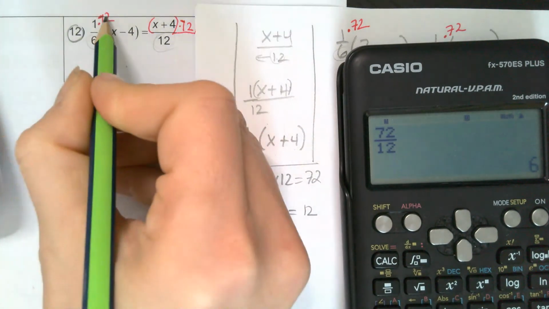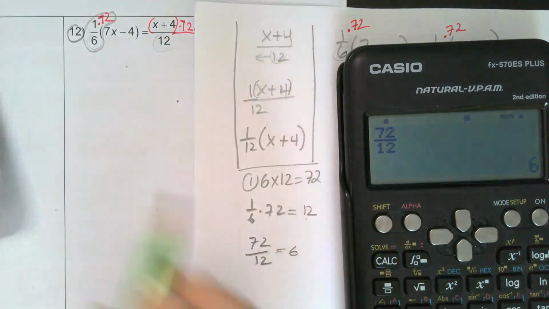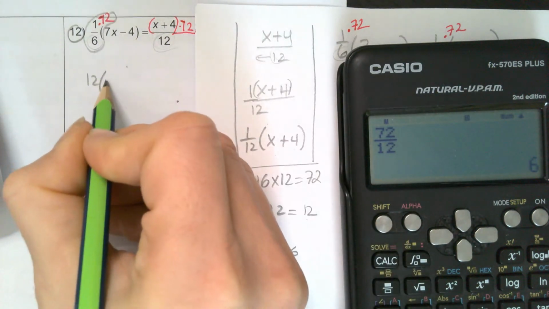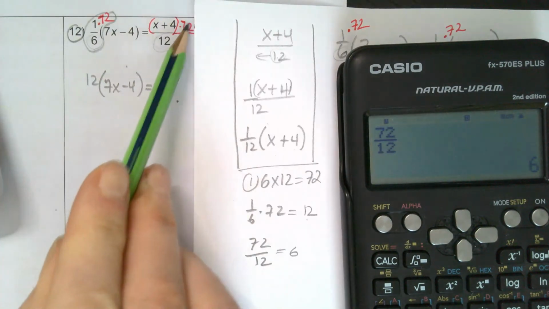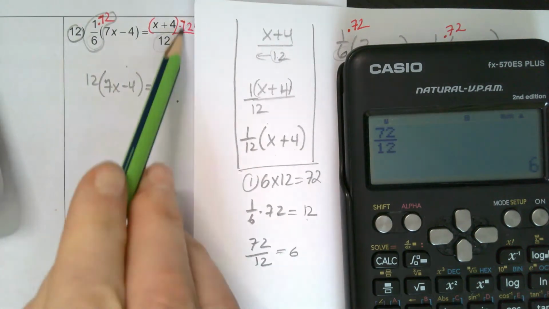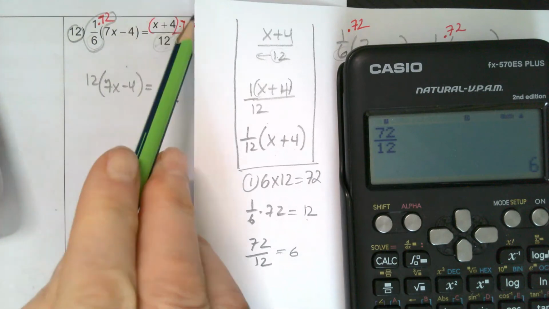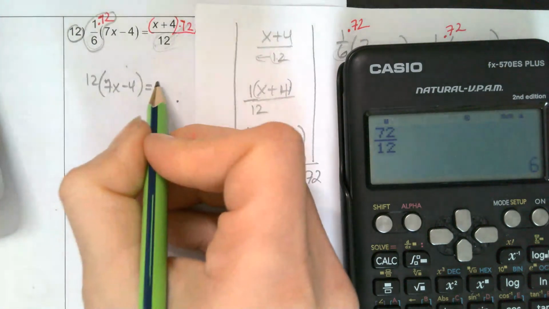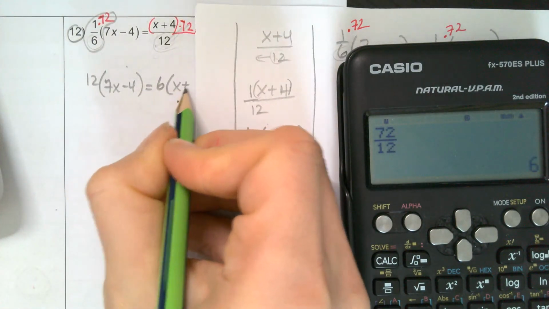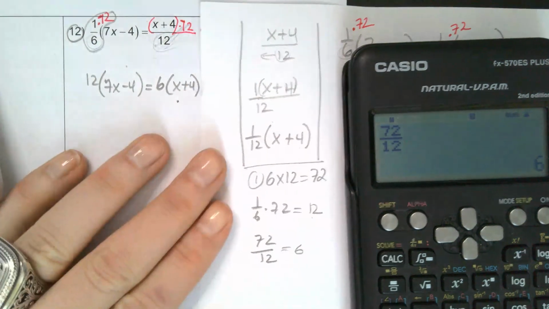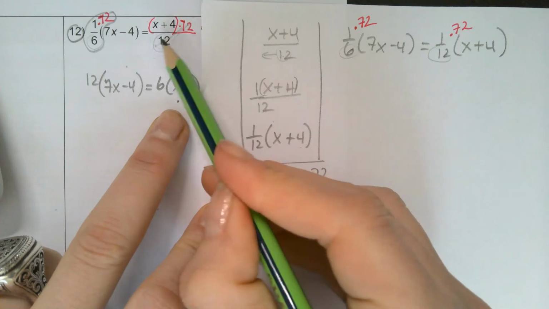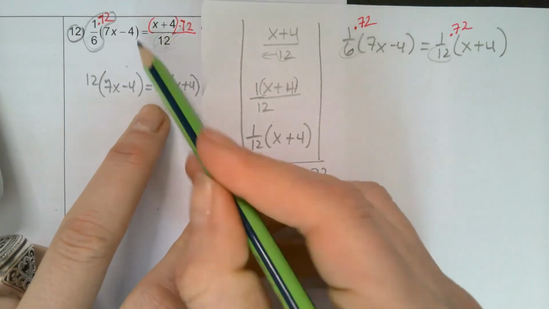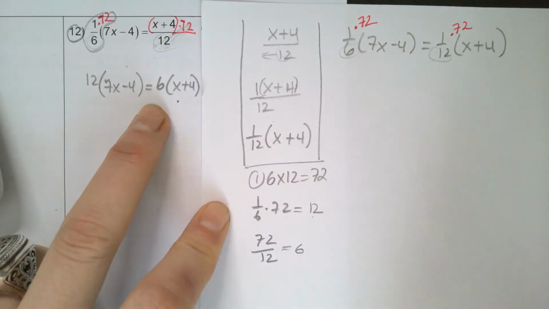So this part here is equal to 12. And this part here is equal to 6. So I can put the 6 on the front or the back of this. It doesn't matter. So let's put it on the front. Okay. Because this is a 72 divide by 12, it's 6. So I have to put it somewhere. So I just put it there.